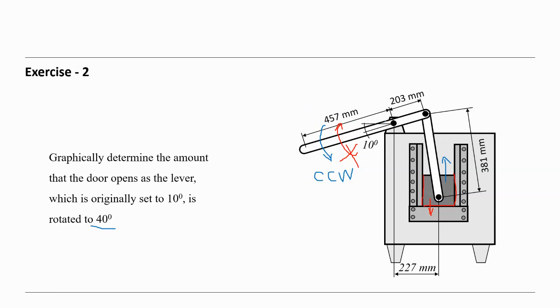So around this point, this is a fixed point, grounded to this body here, 40 degrees is maybe like this, around here. Because it says, which is originally set to 10 degrees, is rotated to 40 degrees. In total, 50 degrees has to rotate. So in that direction, and then we have to draw the position for the 40 degrees.